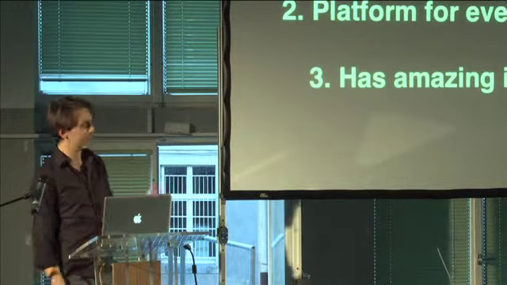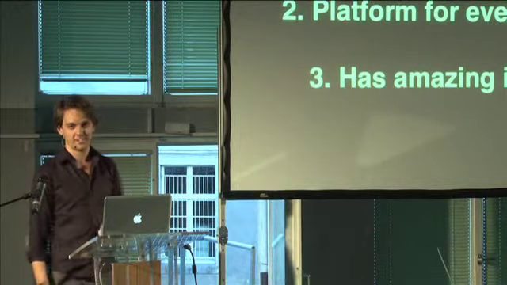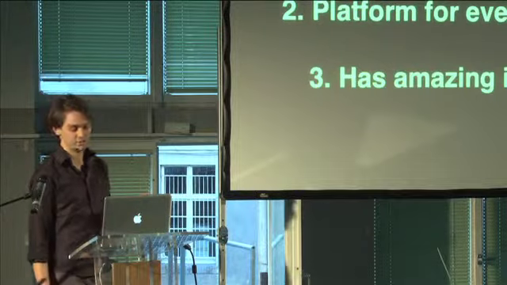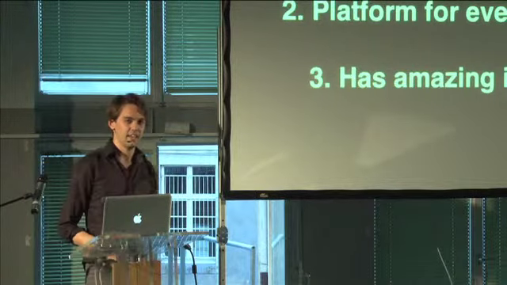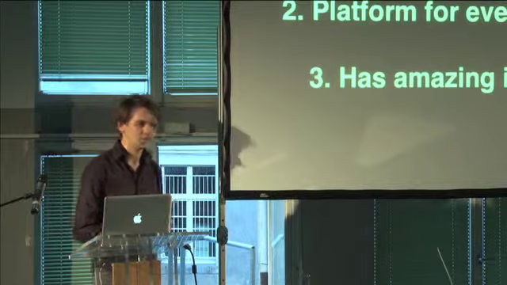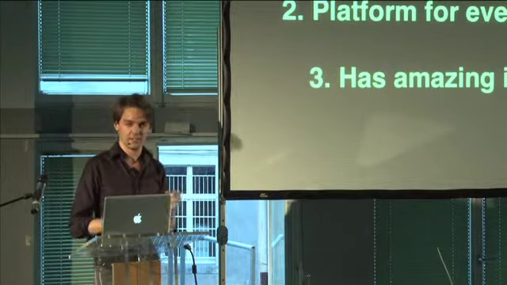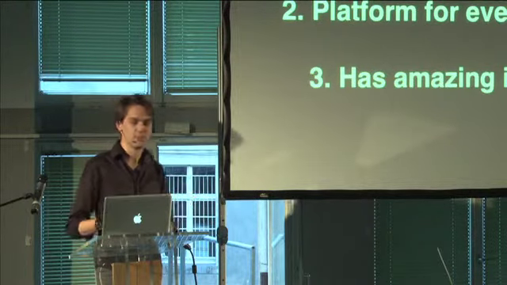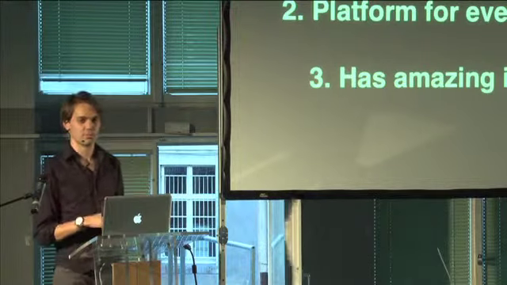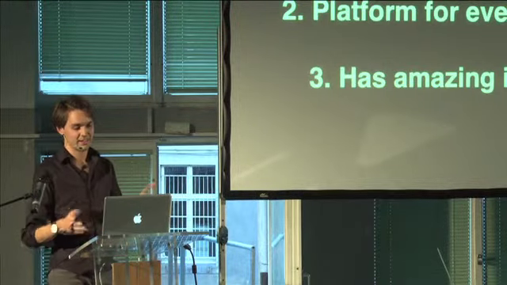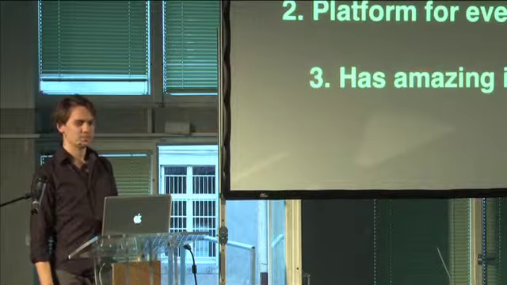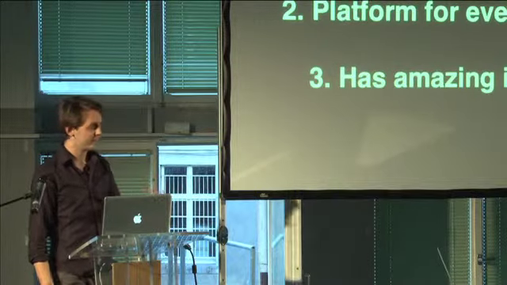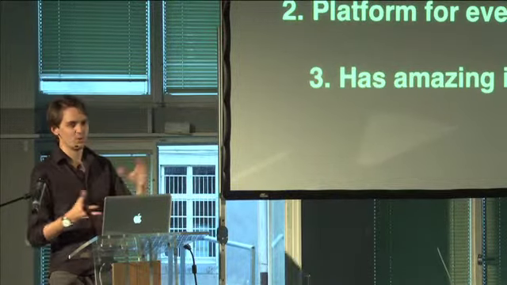And third, JavaScript actually has some amazing ideas. It contains a lot of good stuff, like functions are first class, and objects behave like hashes or hash maps. You can look up all the properties and functions and everything like a hash. And it's very tiny in general. It's not a big bloated language.